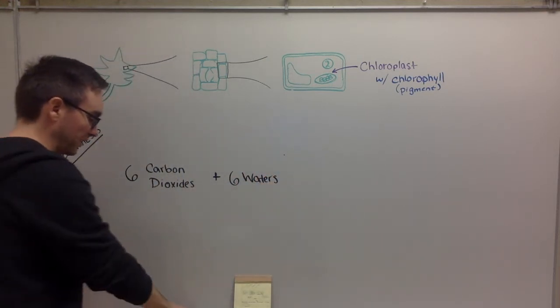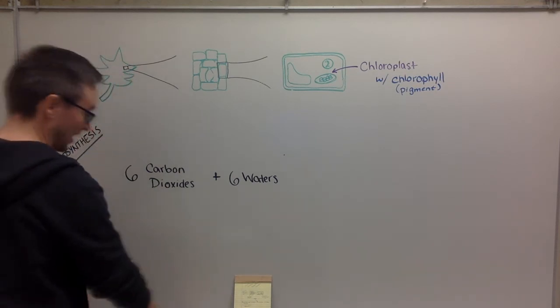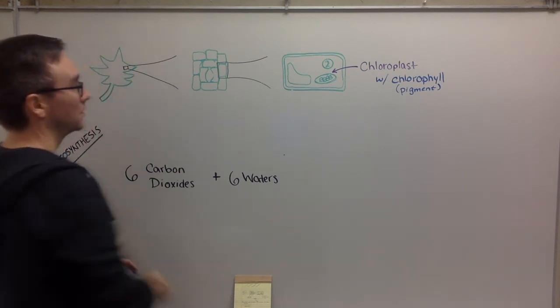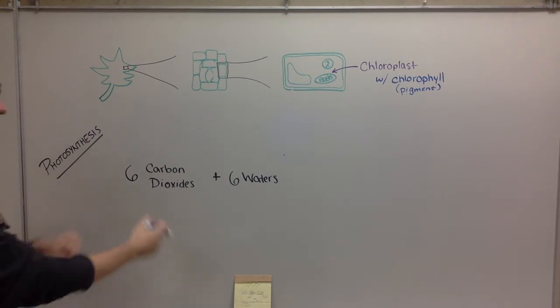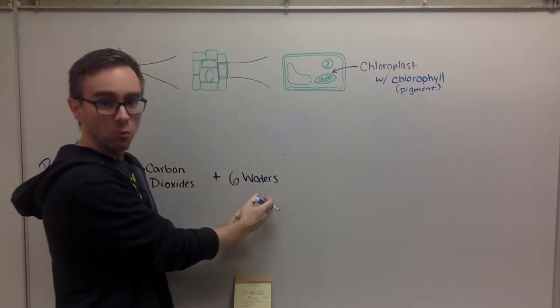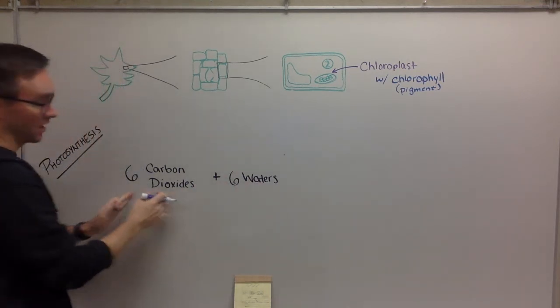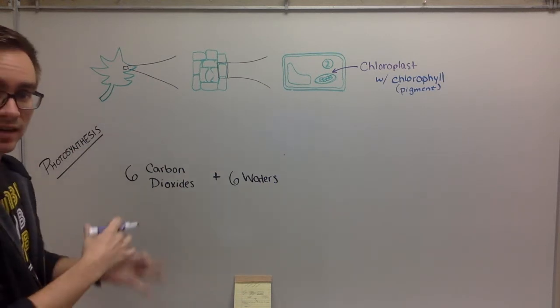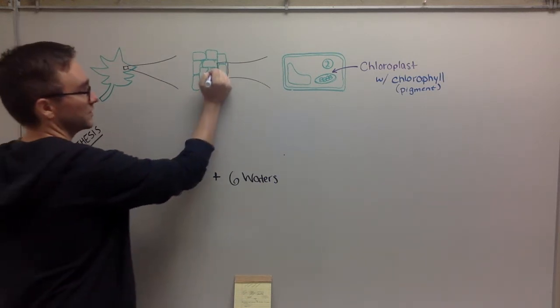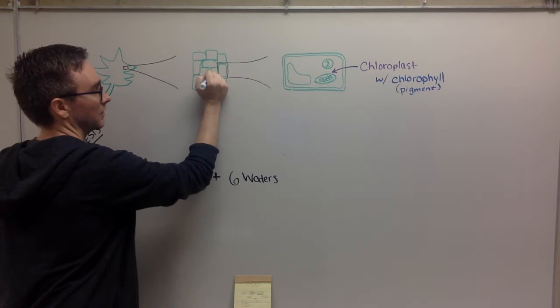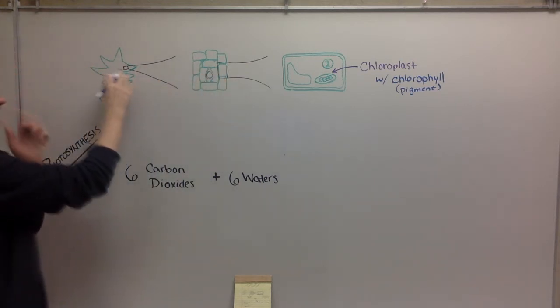Both of these are able to enter the cell. Both of these are gases, so this would actually be water vapor a lot of times, and carbon dioxide at room temperature is a gas. They enter through these little openings that we find on that leaf cell.